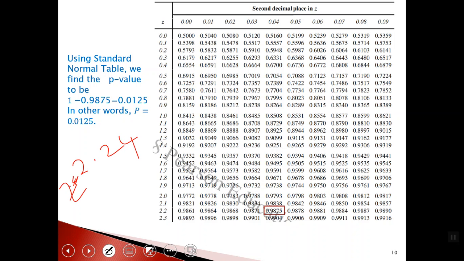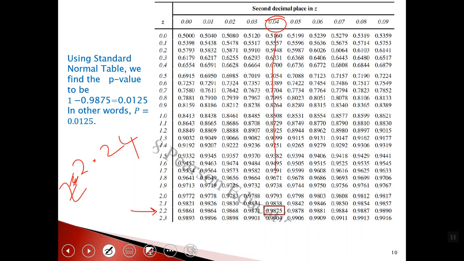How do we find this? For 2.24, first find 2.2. Here it is. Then go through the column names and find 0.04, here.